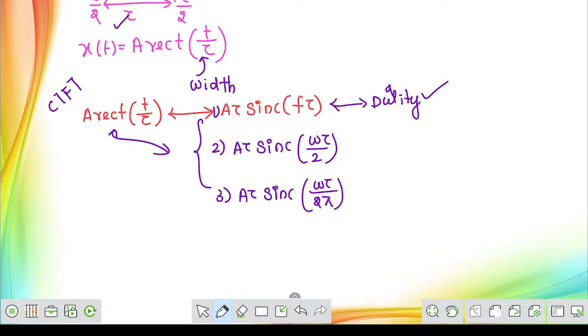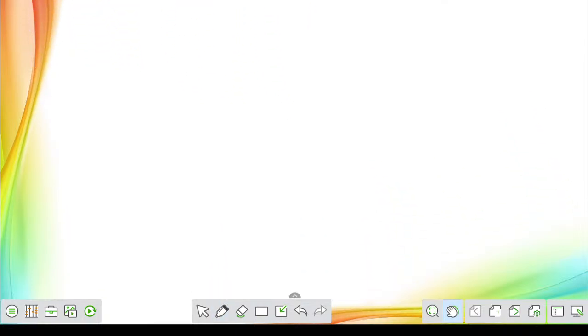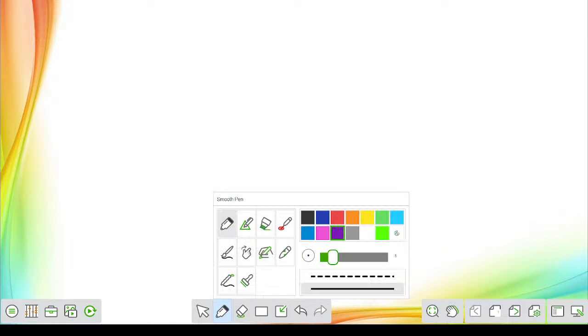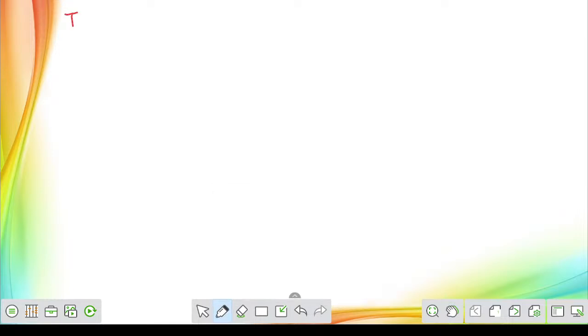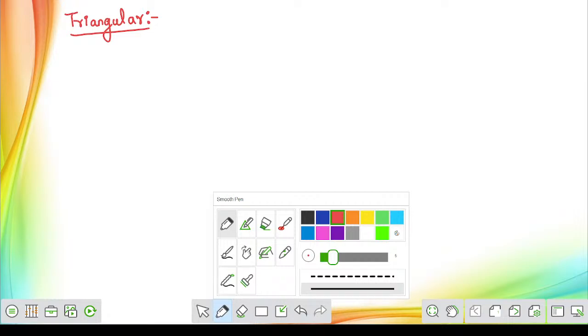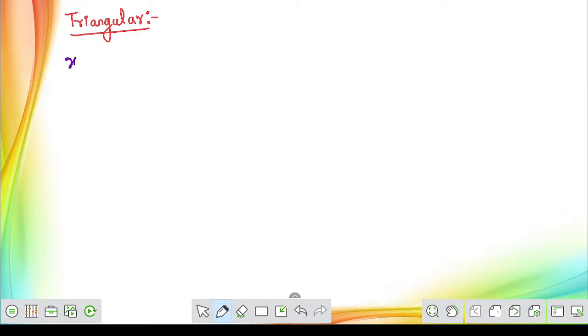Let us discuss another most important signal, the triangular function. So when we are observing the triangular function, it can be written as x of t equal to A into triangular of t by tau.